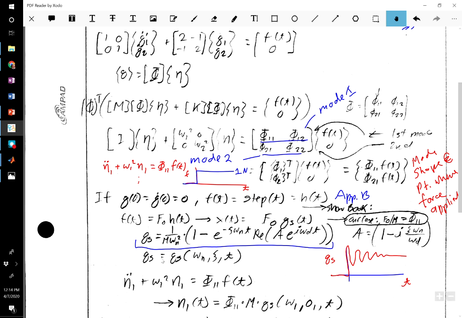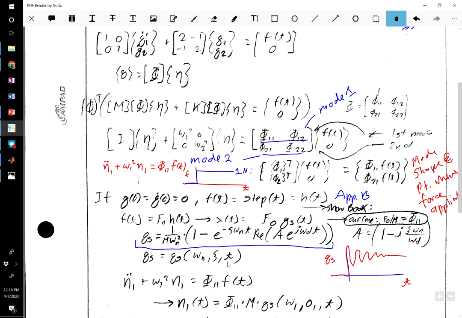Okay, so notice this Q is a function of the natural frequency, the damping ratio, and time, and also the mass. But if we leave the mass out, then we can write this as natural frequency, damping ratio, and time.